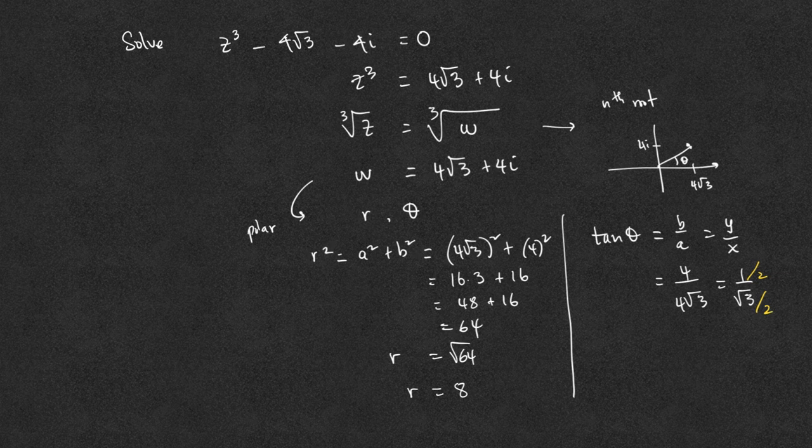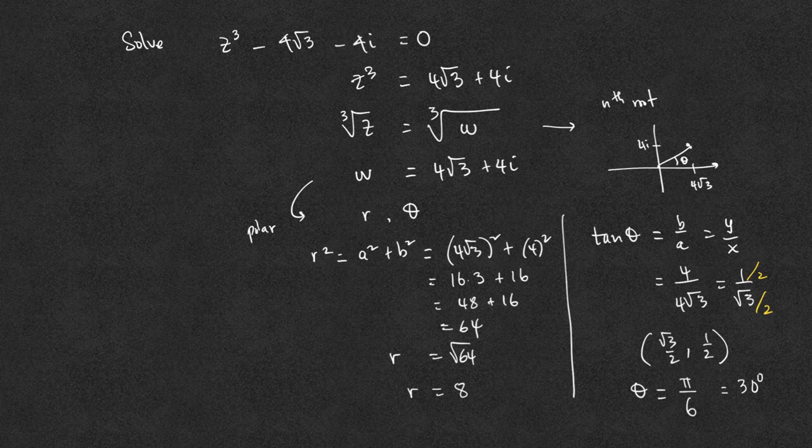And since tangent is y over x, we see that the coordinate of the terminal point is x equals root 3 over 2, y is 1/2. So the angle that determines the terminal point has to be pi over 6, or 30 degrees. We will use radians in this case.